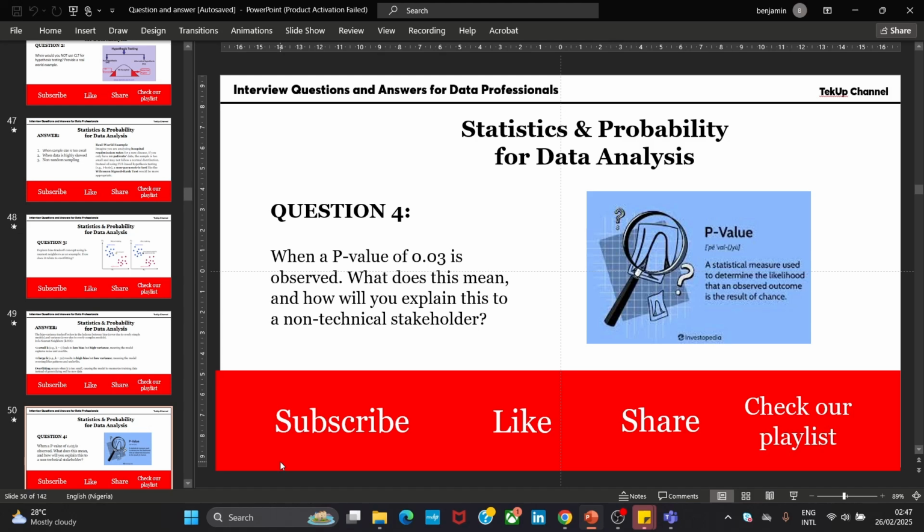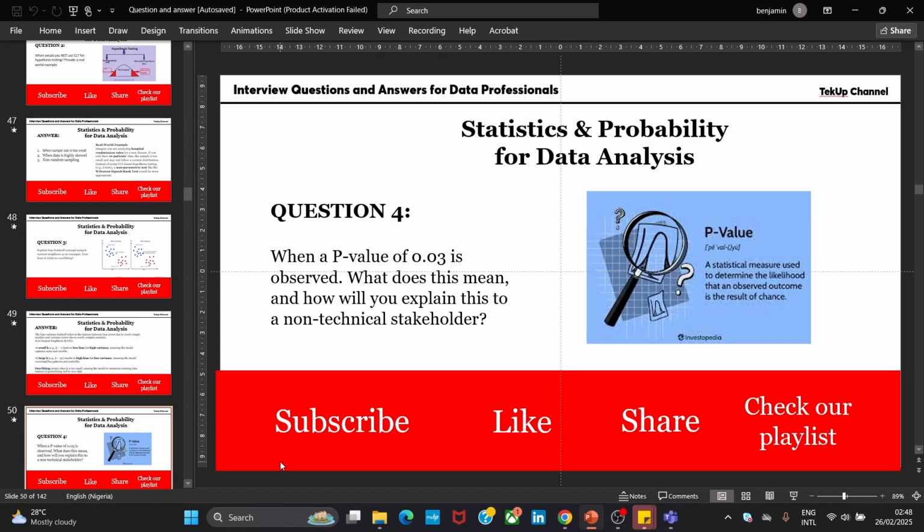A low p-value, that is when p-value is less than 0.05, shows strong evidence against the null hypothesis, which simply means that the result is statistically significant. However, when a high p-value is observed, that means when p-value is greater than 0.05, it shows weak evidence against the null hypothesis, which simply means that we fail to reject it.